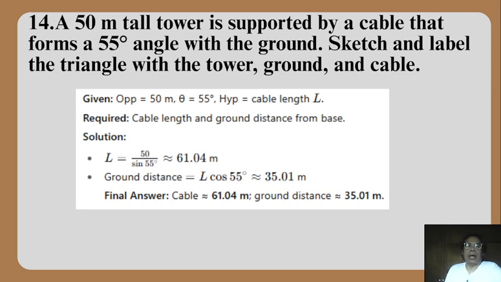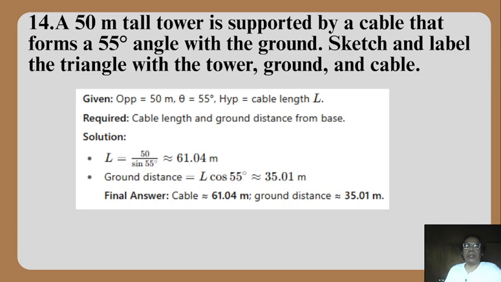So we are going to use the sine ratio. Sine of angle theta is opposite over the hypotenuse, and the hypotenuse is equal to the opposite over the sine of the angle theta.